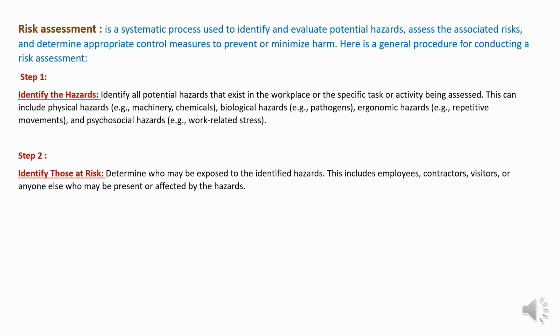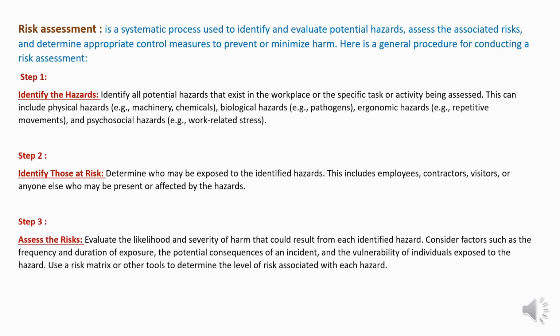Step 2 is identify those at risk: who can be harmed and how. Determine who may be exposed to the identified hazards. This includes employees, contractors, visitors, or anyone else who may be present or affected by the hazards.